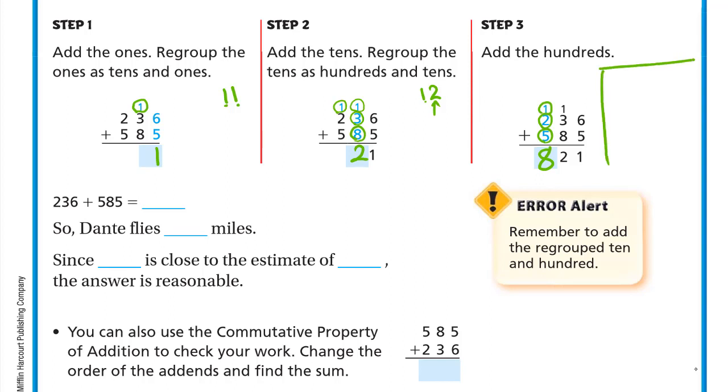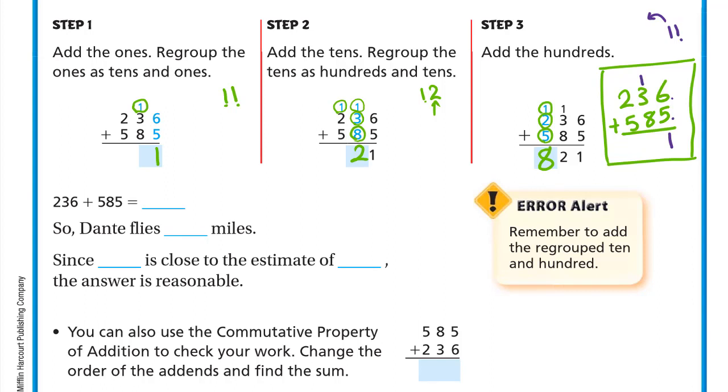What about doing it in one step? So let's write the 236 plus the 585. Okay, so we'll do it like this. First, let's add the ones. 6 plus 5, it's 11. So I write 1 down in ones, and the other one I'll carry it up on the tens.